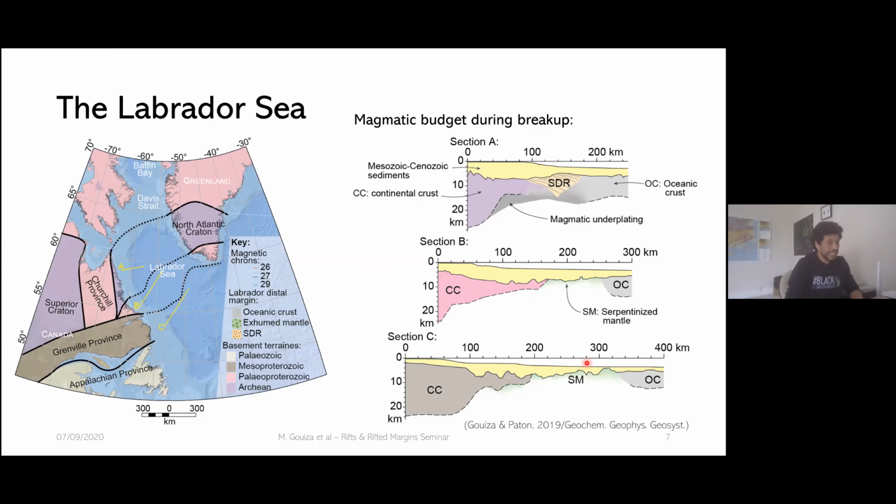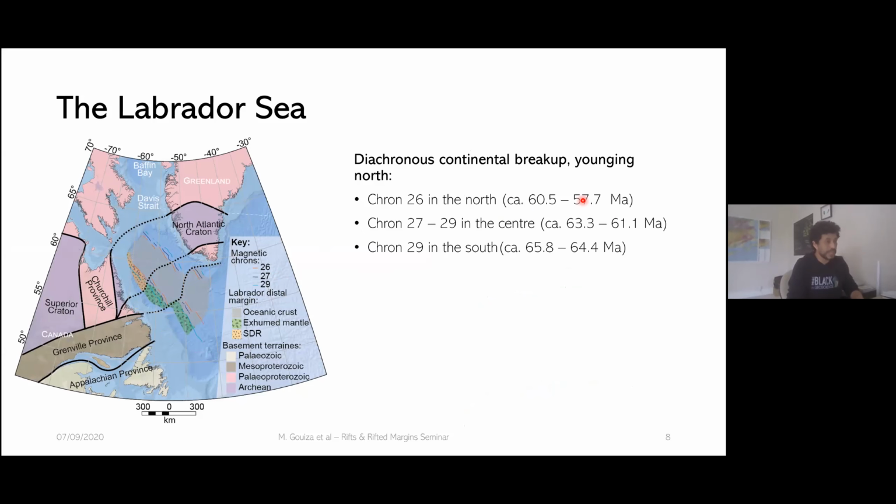As we move into southern parts of the Labrador Sea, if you look at this cross-section C, we have a very wide geometry with exhumed serpentinized mantle. As we move north, we have a narrower rift geometry with a large amount of volcanics that were in place prior to oceanic accretion. And even that oceanic accretion is diachronous across the entire oceanic basin.